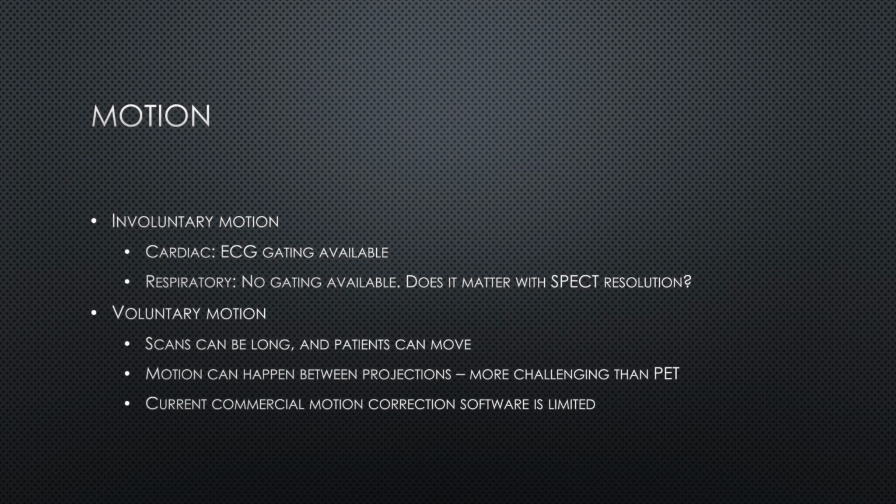We have some challenges with the projections then, where the patient may be in a different position in one projection compared to another. We know that there is currently commercial motion correction software available, mostly for cardiac applications, sometimes for brain applications as well. But in my experience, the success of this software is really quite limited.